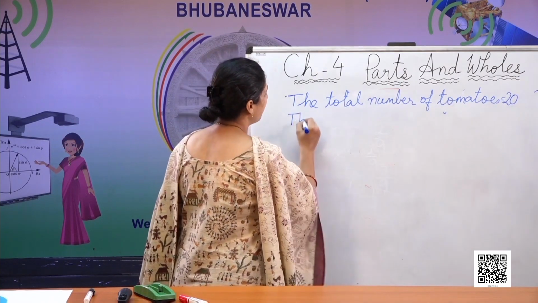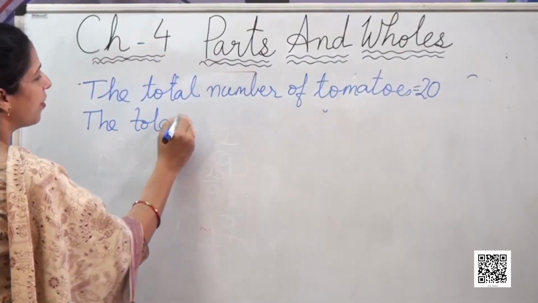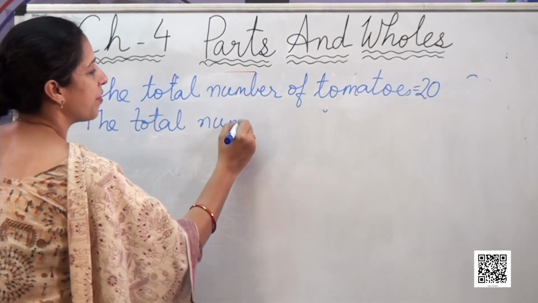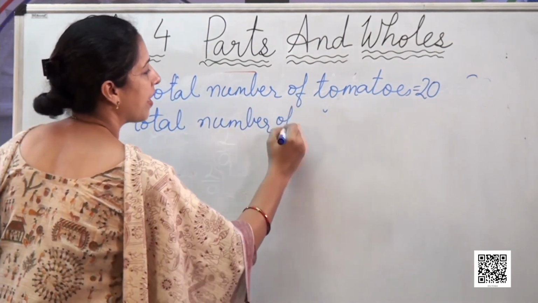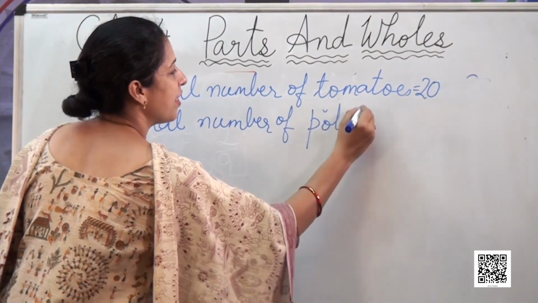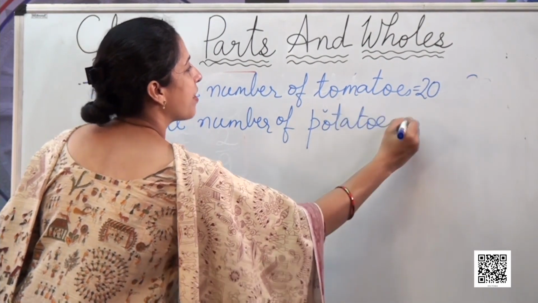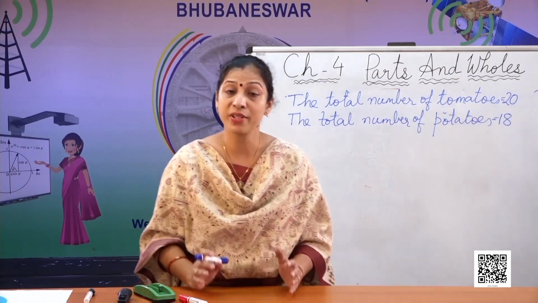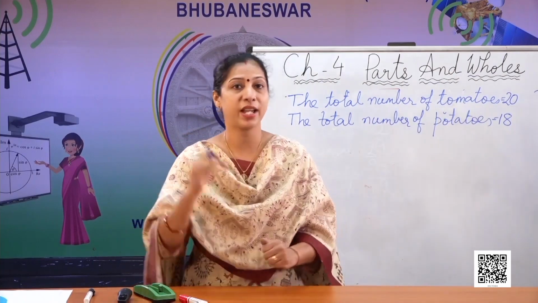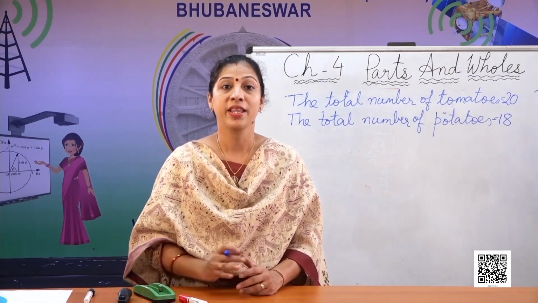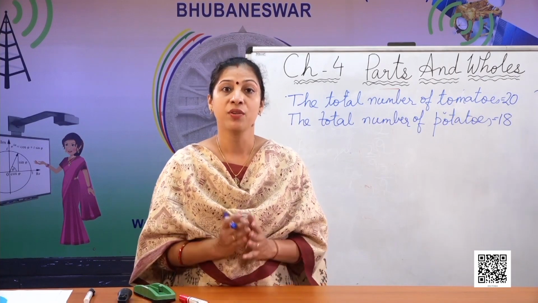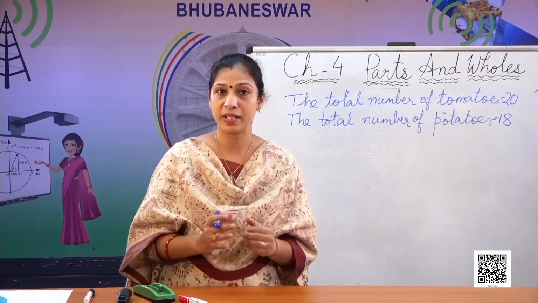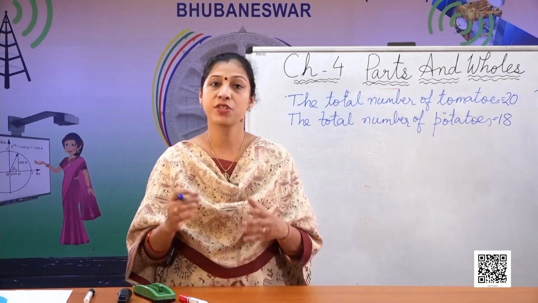The total number of potatoes is, yes children, keep on counting, equal to 18. So when we found out the total number of tomatoes and total number of potatoes, then only we can find out how many tomatoes Abu Bakar got, how many potatoes Shrija got.